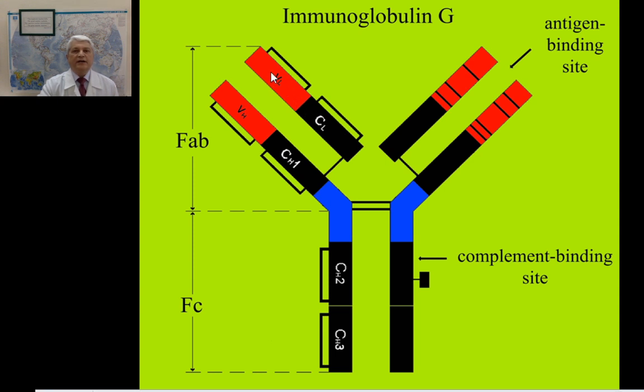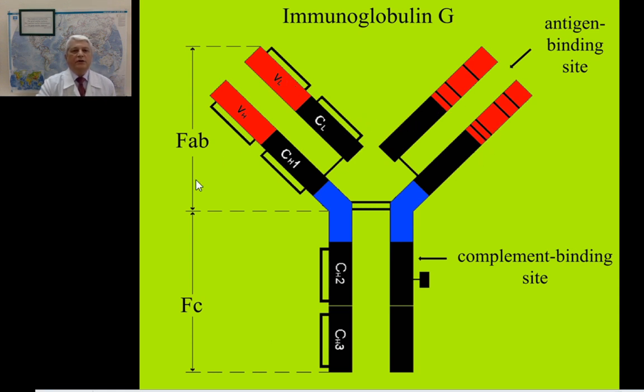So the light chain has 1, 2 domains, and the heavy chain has 1, 2, 3, 4 domains. Don't look at the blue part, we shall tell about it a little bit later. So we have in the whole molecule of immunoglobulin 12 domains.